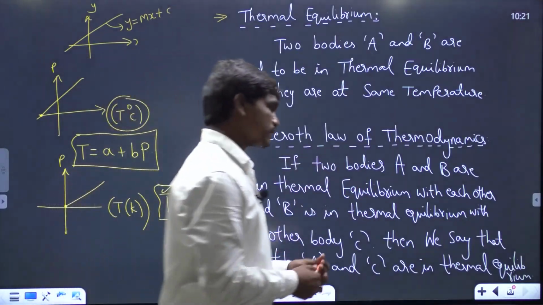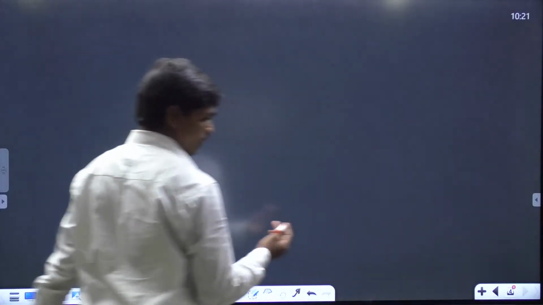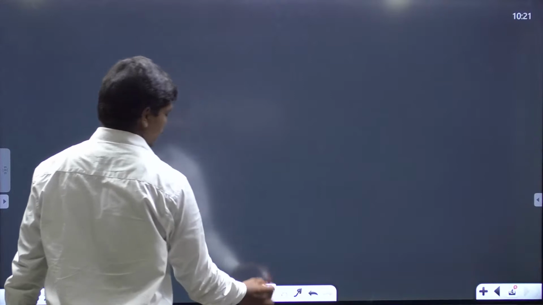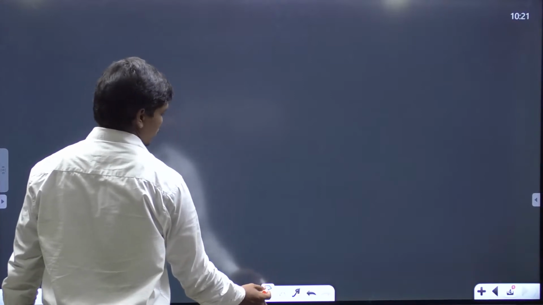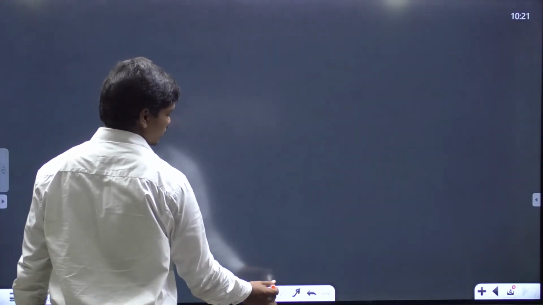So if you want me to explain this with a diagram, see here. Let us suppose there are three bodies. Let me use some diagrammatic features that are available here.